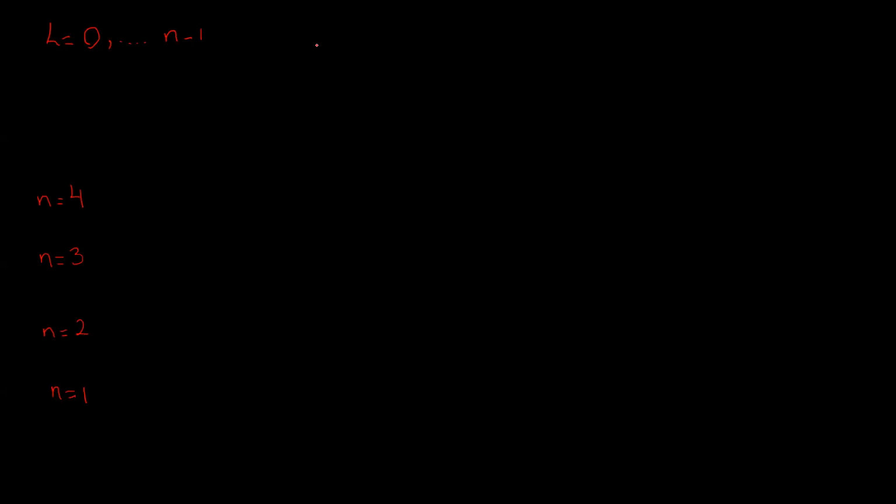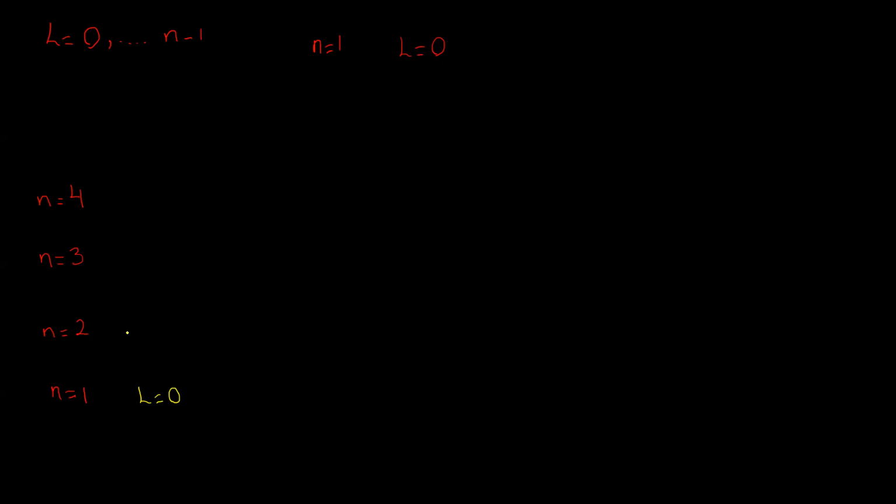So as a result, if n equal 1, L is 0, and n minus 1 is 0. Just for n equal 1, we have L equals 0. So I write for n equal 1, we have just 1 L, that is 0.